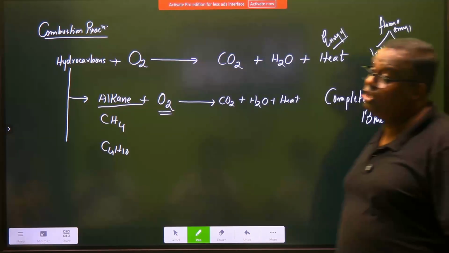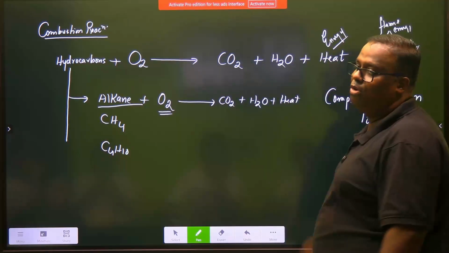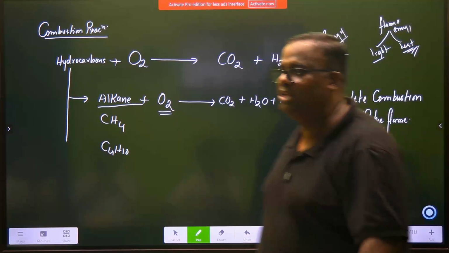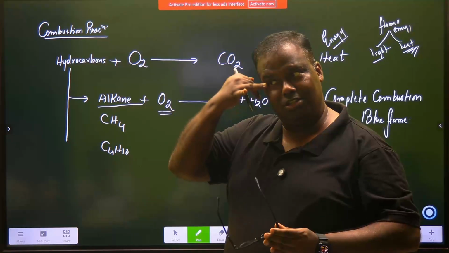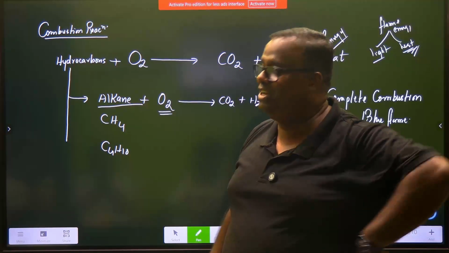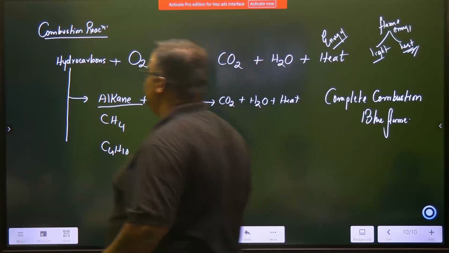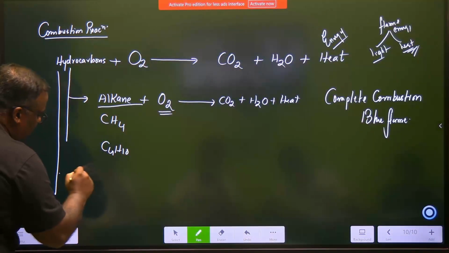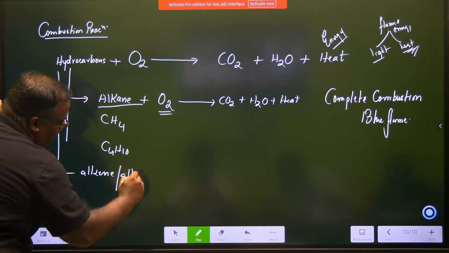Can you make khichdi with the diya? No. Because the energy is coming out in the form of light, that is incomplete combustion. So the diya will have a lot of kajal in it and soot formation will take place. Incomplete combustion.